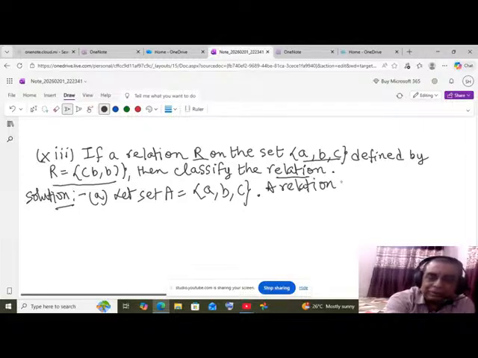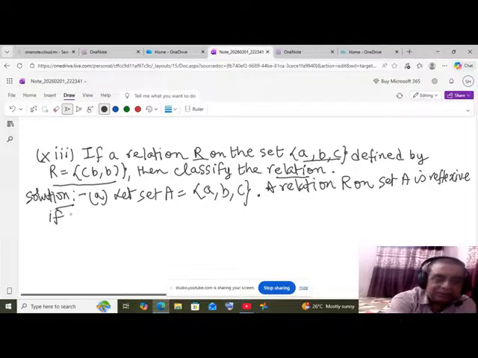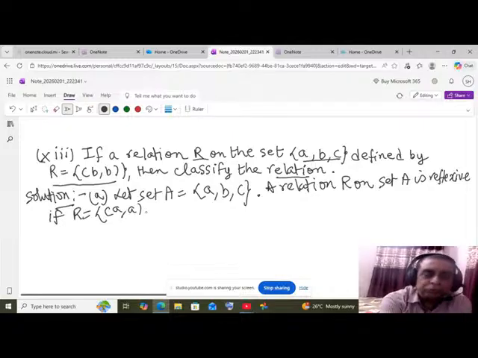A relation R on set A is reflexive if R contains the elements (a, a), (b, b), and (c, c).